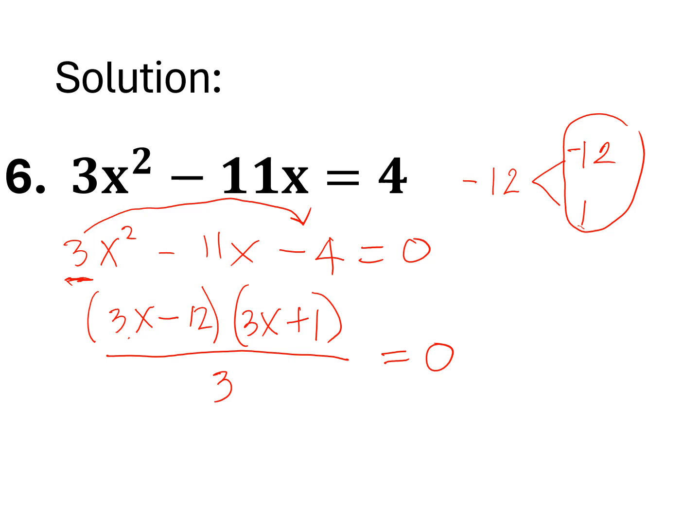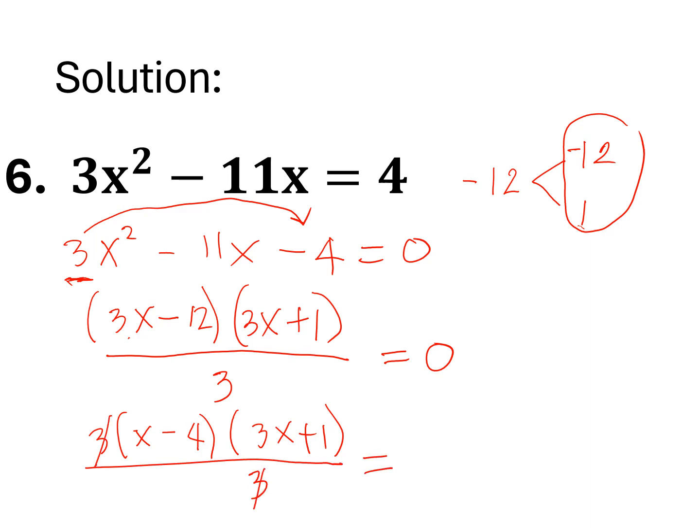This one, 3 is a common factor. So we have 3x divided by 3 is x. Negative 12 divided by 3, that is negative 4. Then 3x plus 1, copy. Then divide by 3.